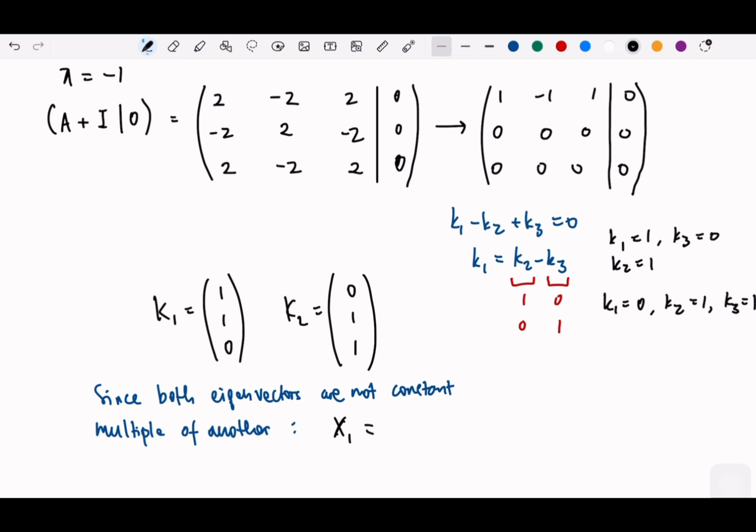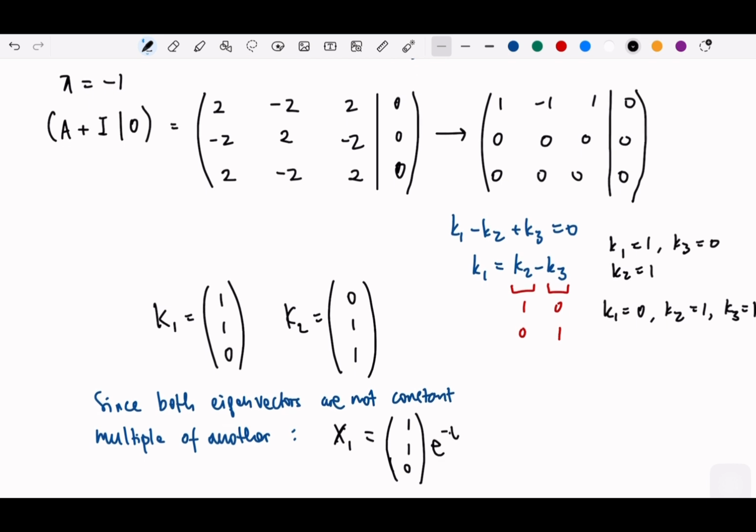So x1 we can write as 1, 1, 0 multiplied by e to the negative t, and x2 will be 0, 1, 1 times e to the negative t.